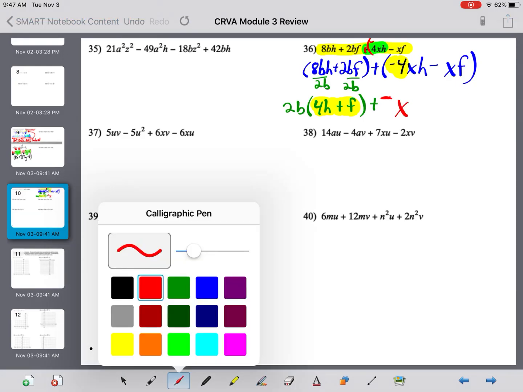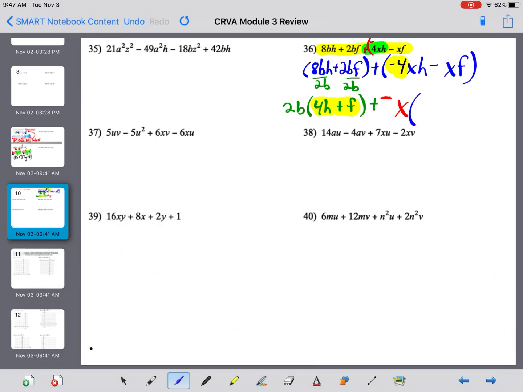So I could have really had a minus sign there instead of that green plus sign. We need to factor out a negative x, folks, because when I divide by negative x, it cancels out the negative, and the x cancels out as well. Negative x cancels out the negative, so that makes a positive h and a positive f.